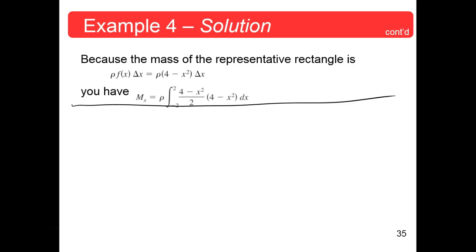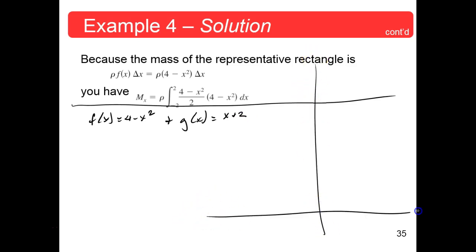Find the centroid of a region bounded by the graphs of f of x equals 4 minus x squared. That sounds familiar, doesn't it? And g of x is x plus 2. Okay. So what we have here, okay, here's the max.